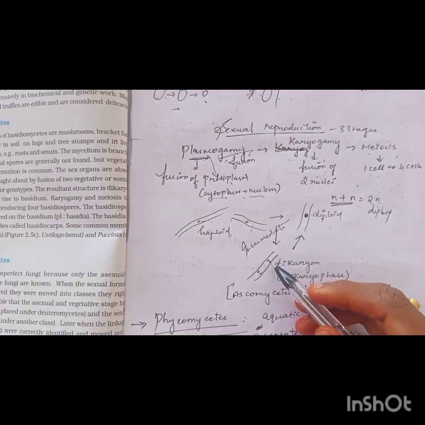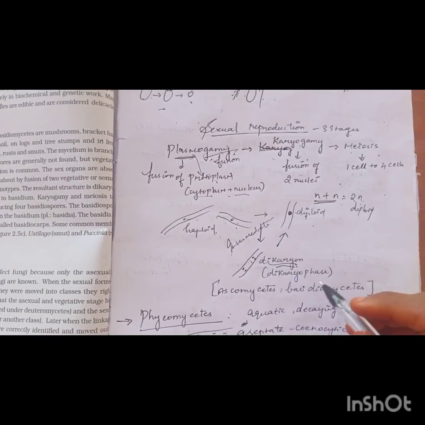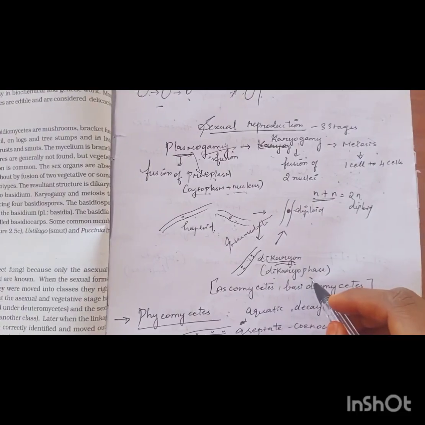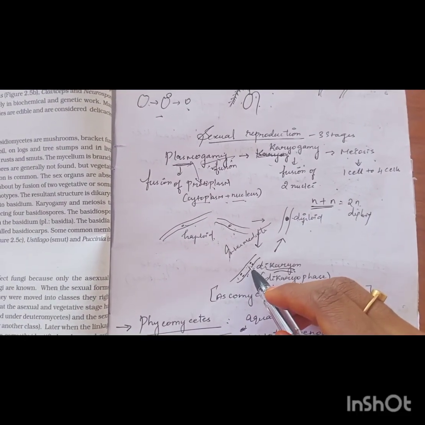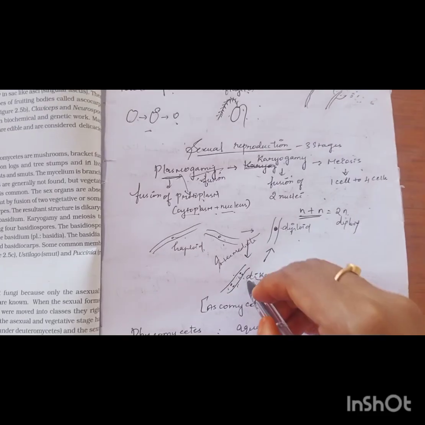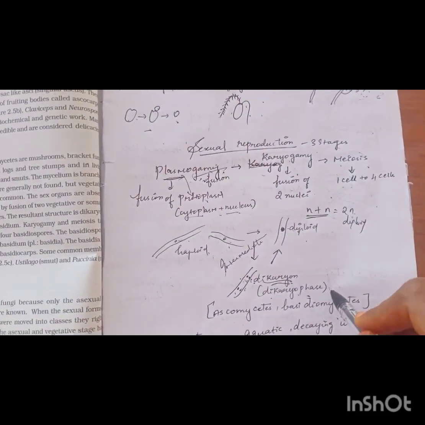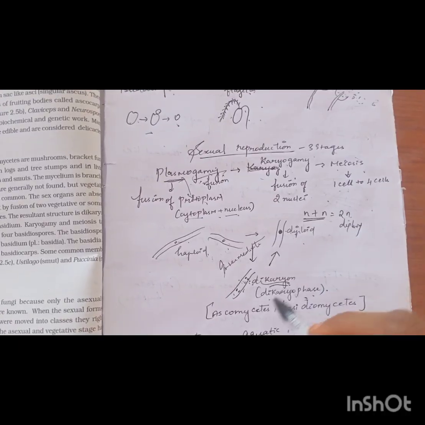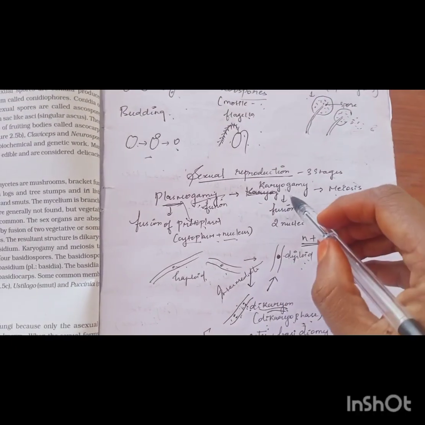The nuclei will lie separately as a pair, and this condition is known as dikaryon, and this phase is known as dikaryophase. The fused protoplasm will have a set of nuclei which are not fused.